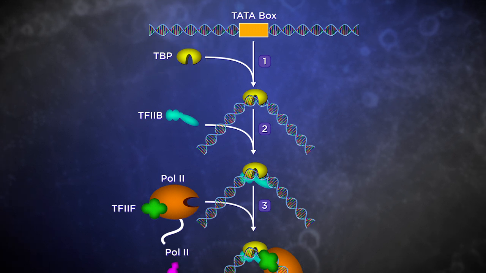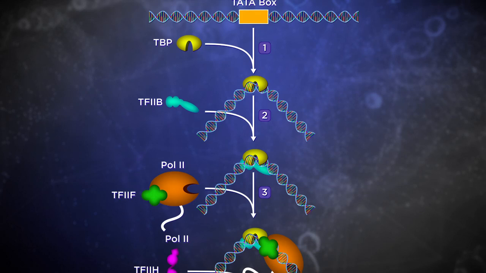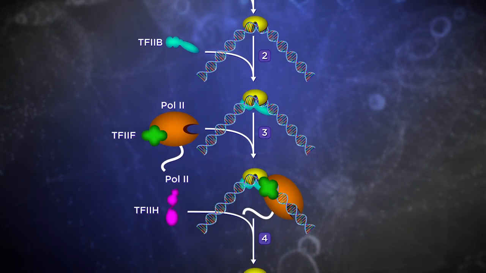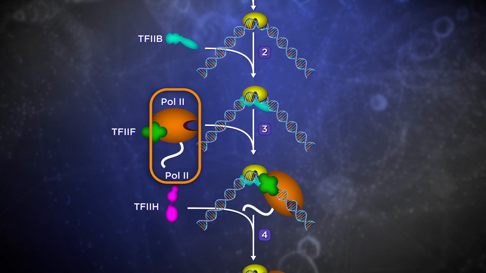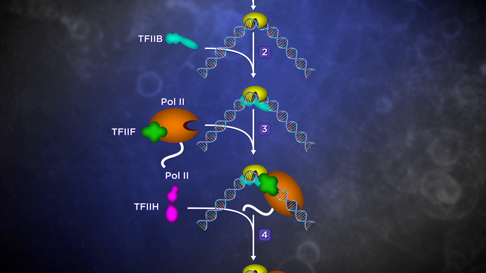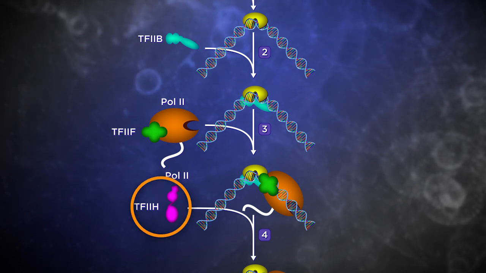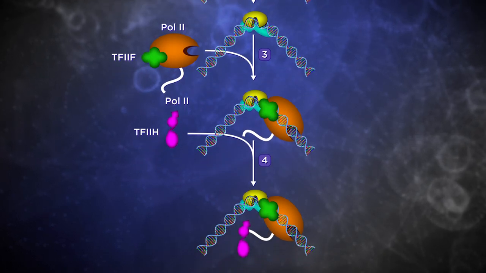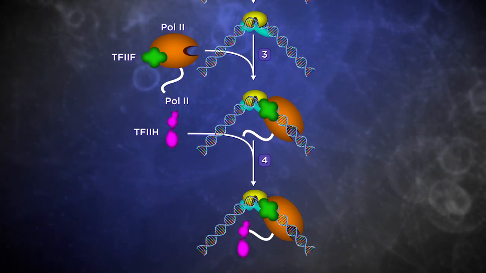When the binding protein binds the TATA box sequence, DNA bends at this point and takes on a structure suitable for the binding of additional transcription factors and RNA polymerase. The final step in the assembly of the basal transcription complex is the binding of a general transcription factor called TFIIH. TFIIH is a multifunctional protein that works as a helicase as well as a kinase.